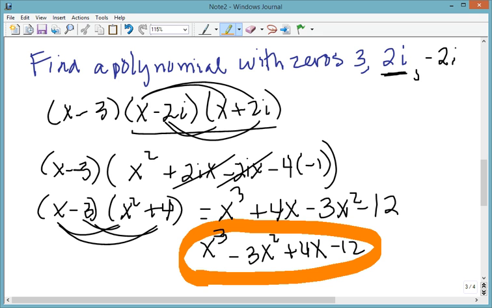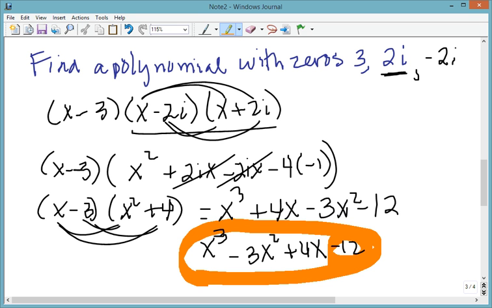Now, I could tell you, find a third degree polynomial with these zeros that has a 24 as the constant. Well, I would look at this and say, oh, this isn't 24, right? This is only 12, or negative 24 is what I'd want.